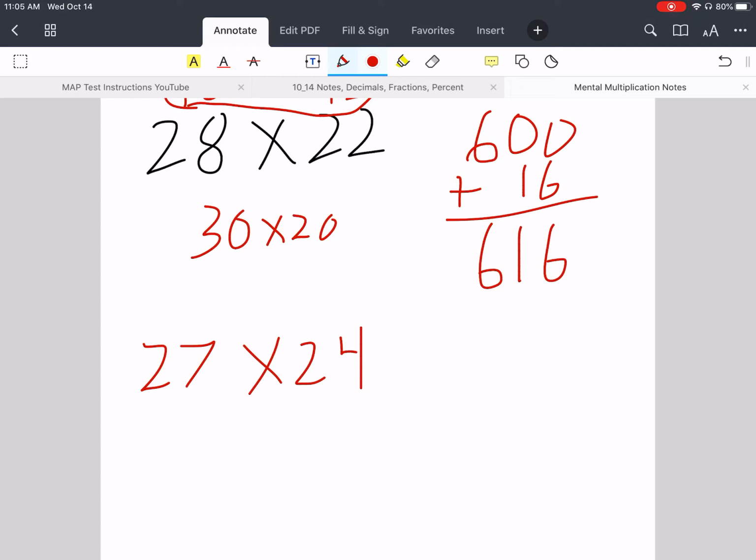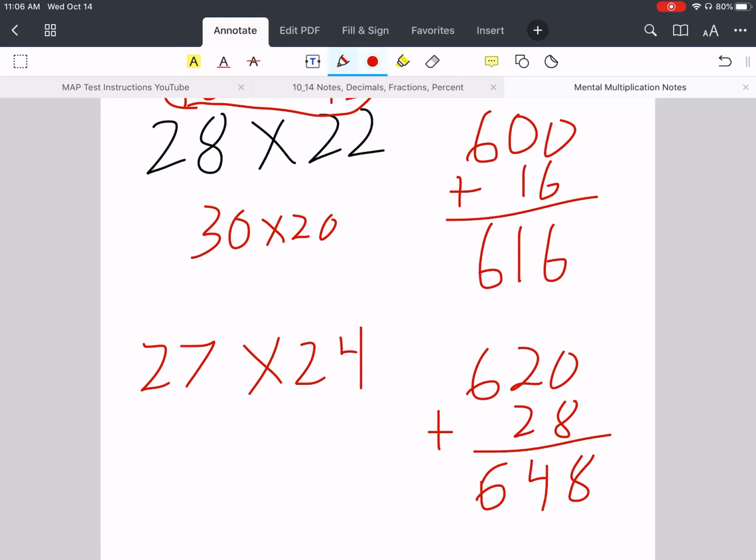I'm going to have a base of 31 times 20, which will be 620, plus 7 times 4, which is 28. And that's going to get us an answer of 648.